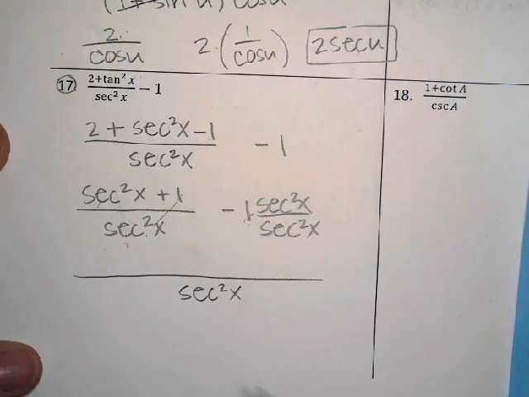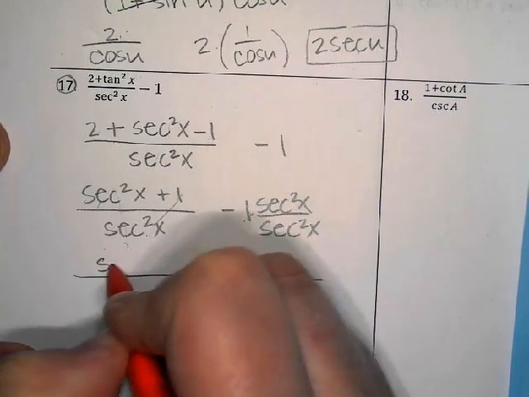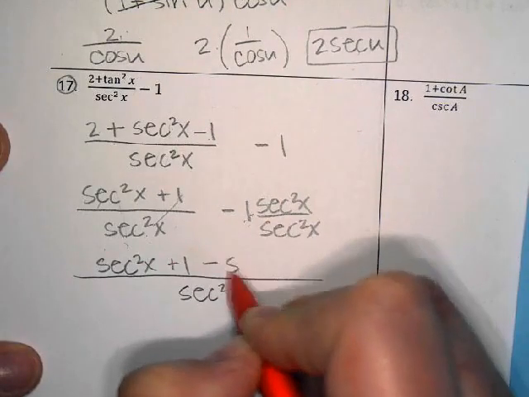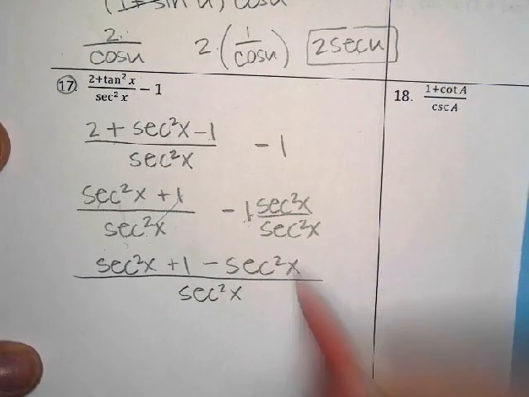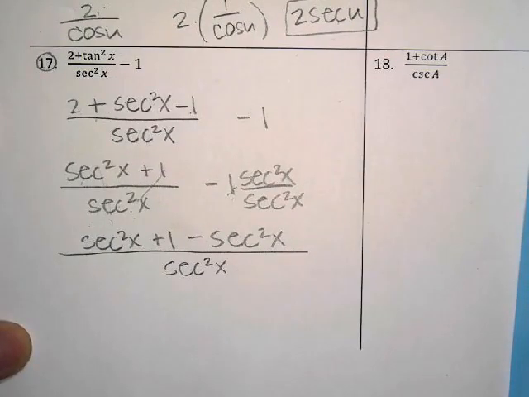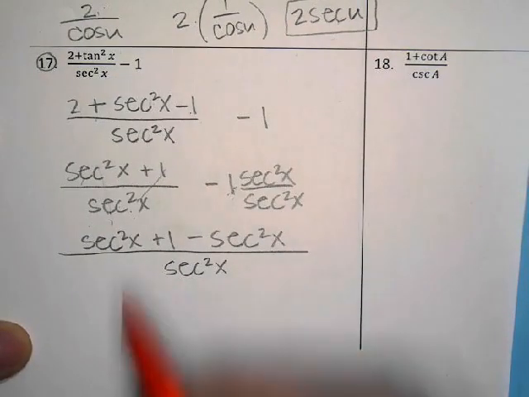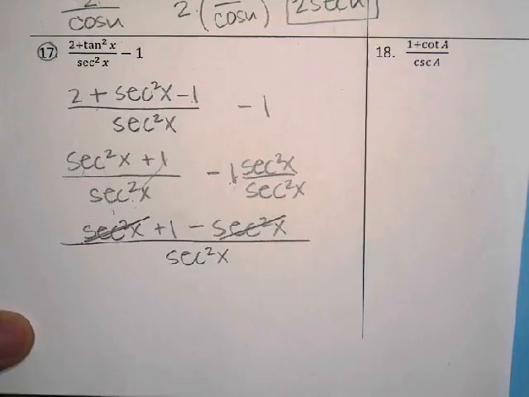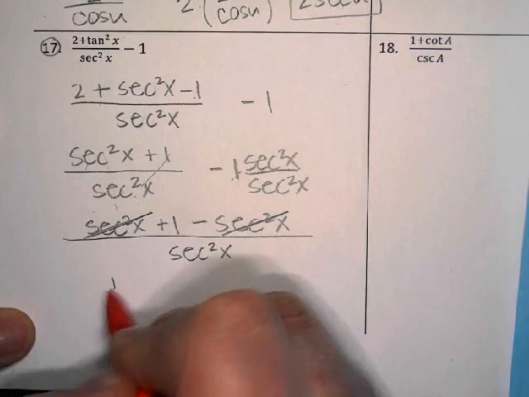Secant squared plus 1 minus secant squared. Okay, and then what happens? The secant squareds cancel out, and what do you end up with? 1 over secant squared, which is cos squared.